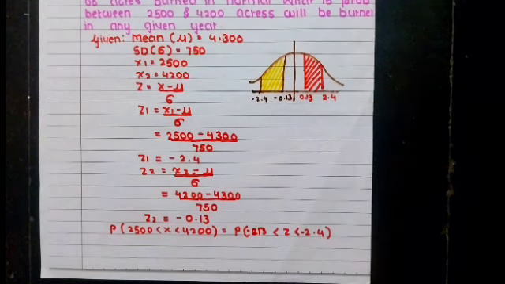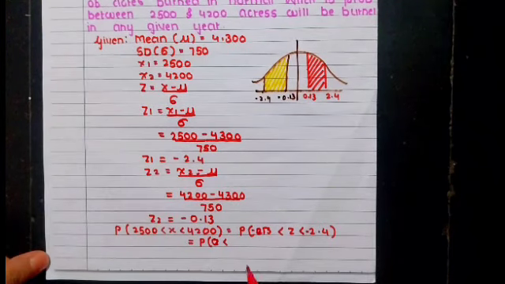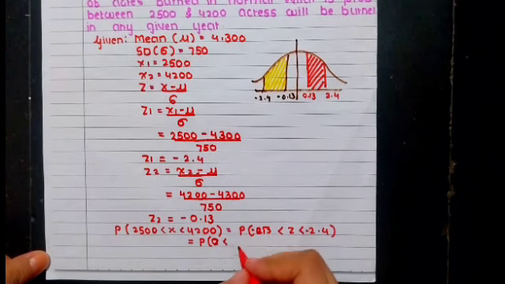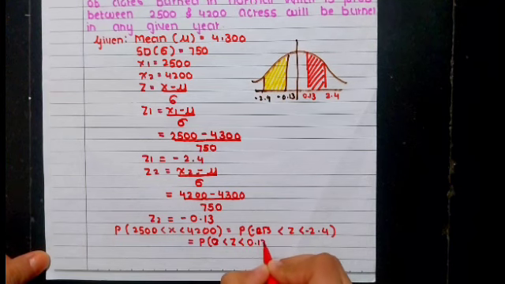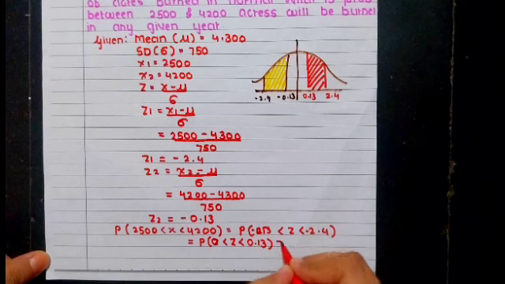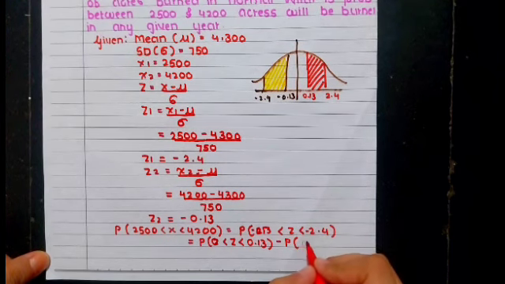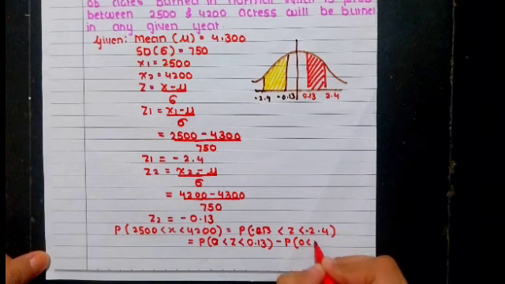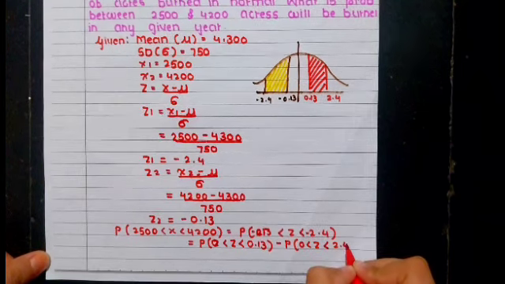We know the formula for the normal distribution, so we can write the probability of z between 0 and 0.13 minus the probability of z between 0 and 2.4.